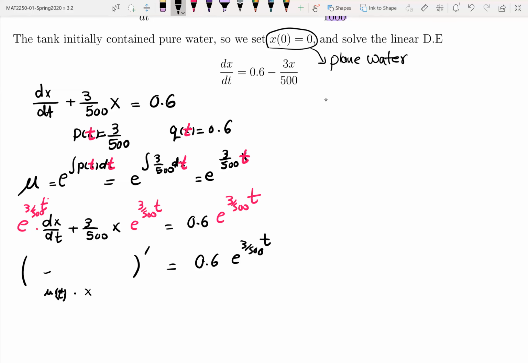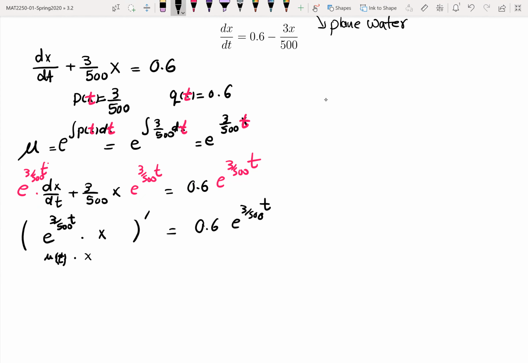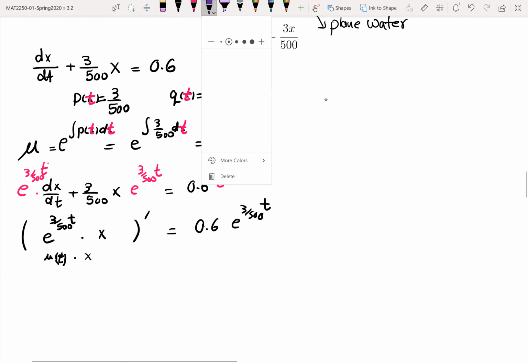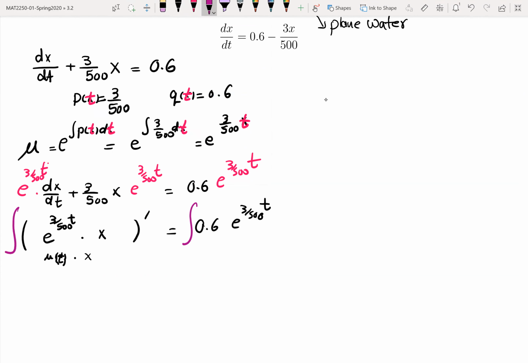So mu of t is going to be e to the 3/500 times t, and then you multiply by the x. This is it. So now if I integrate both sides, that would be e to the 3/500 t times x, and that is 0.06 times the integration of itself divided by the constant.